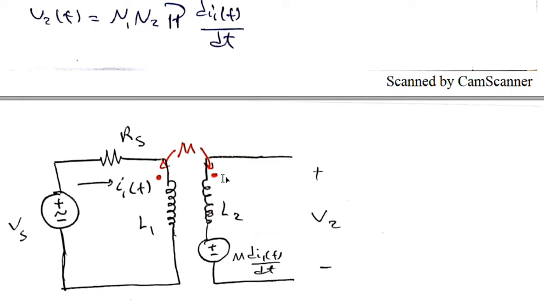So again, I want to highlight: if the current is entering the terminal, the opposite dot will have a positive sign. If the current is leaving the terminal, the opposite mutual dot will have a negative sign. We will have that kind of example soon.